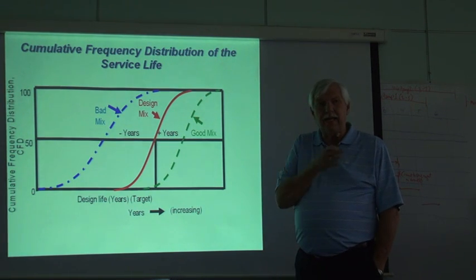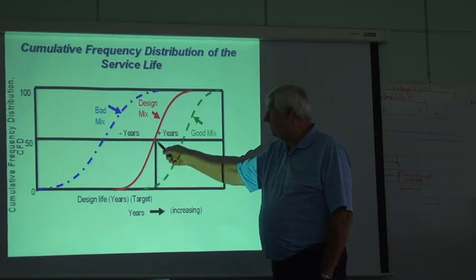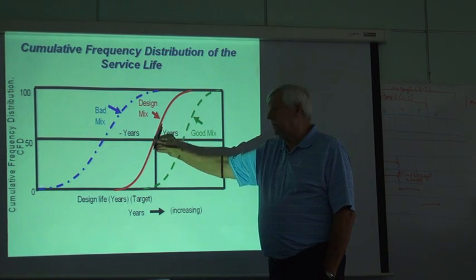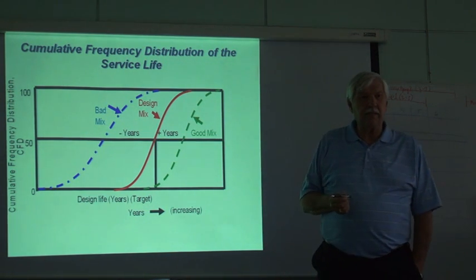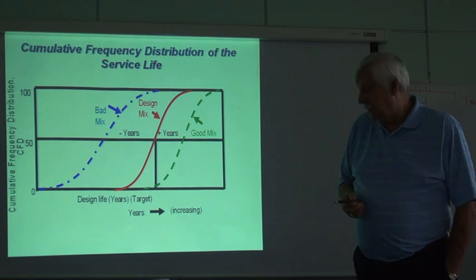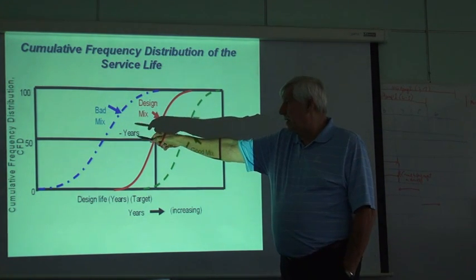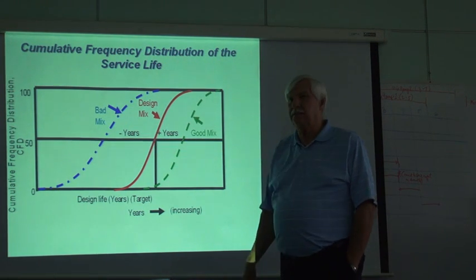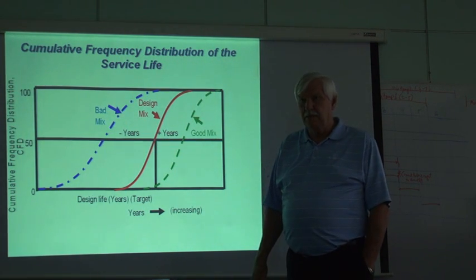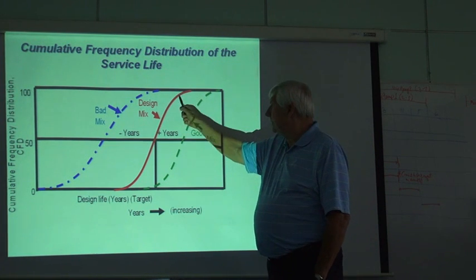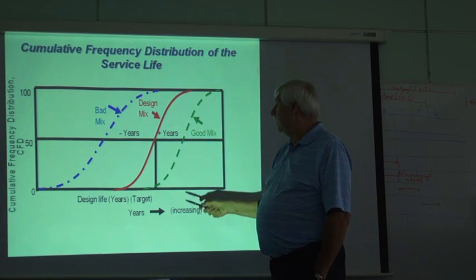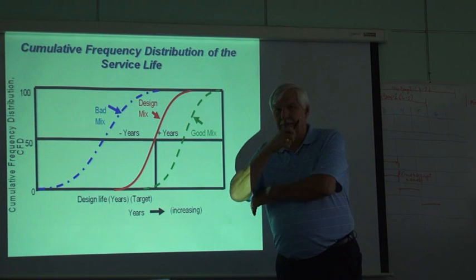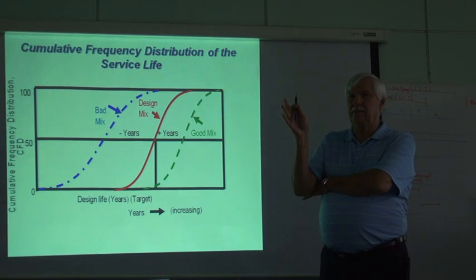But because I cannot uniformly design and construct, I'm going to have some variability, which is reflected by the slope of that particular curve. If I were to take the integral of the CFD, I would get my typical bell-shaped distribution. So we're going to have one for my design mix, and then we're going to have what the contractor puts in. And just look at this.